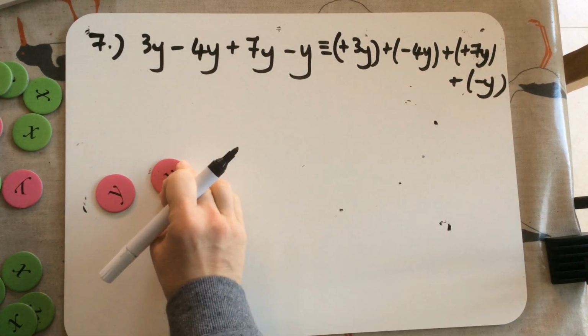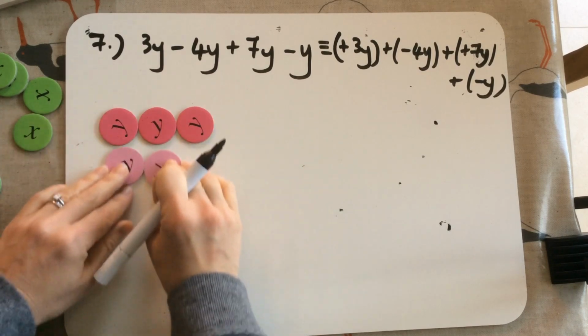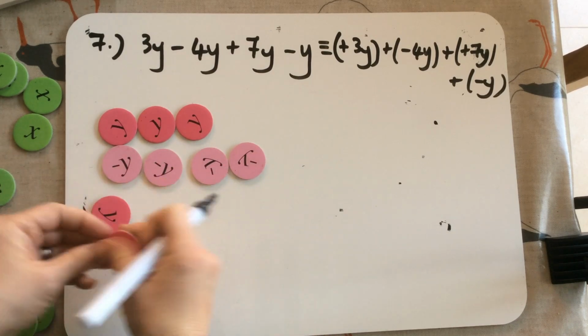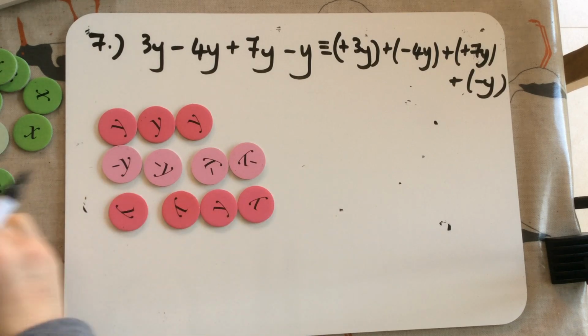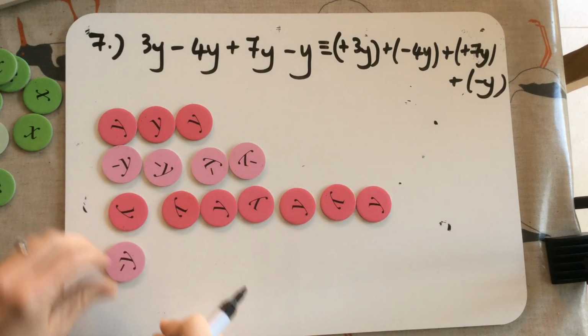So I'm going to need 3 y's in my first row, negative 4y in my second, 7y as my third row, and then negative y as my fourth.